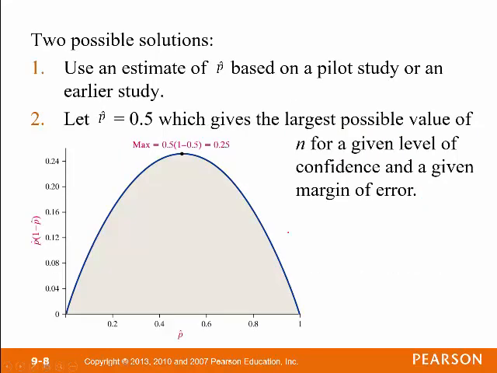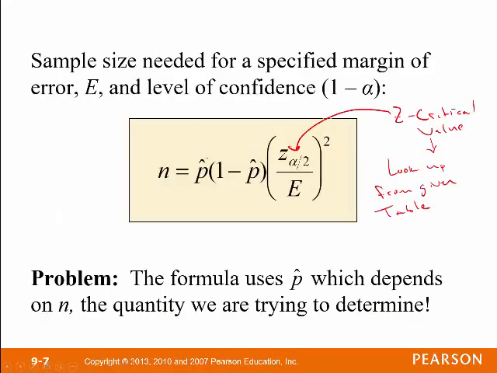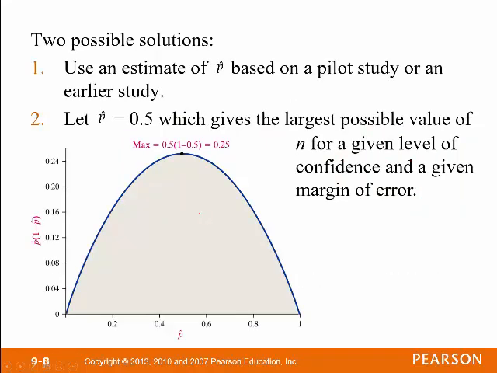So there are two possible solutions to this, because we don't know what p hat is for these problems, since we haven't taken our sample. One is to use the estimate of p hat based on a pilot study or an earlier study. In this type of problem, you'll be given a previous value of p hat, and this will make more sense when you see the first example.